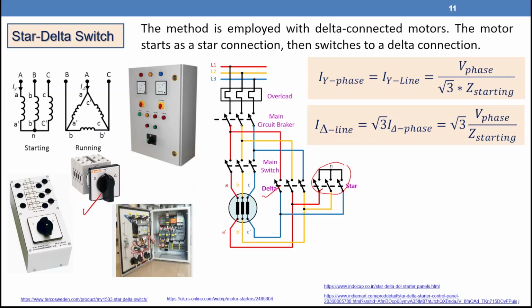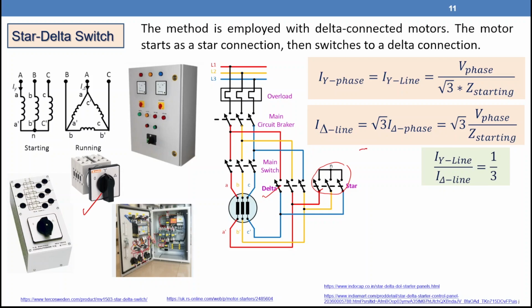So in this case, we have root 3 V phase over Z starting. The ratio between I star line value, which is the phase value at the same time, over I delta line value will be 1 over root 3 multiplied by 1 over root 3, which is 1 over 3. This means you reduced the current by 3 times.